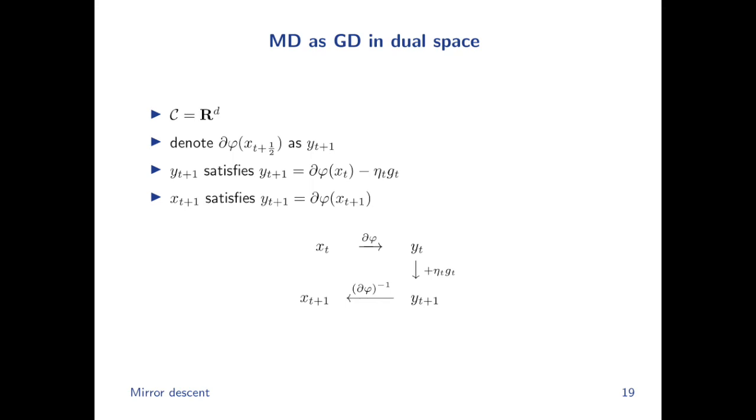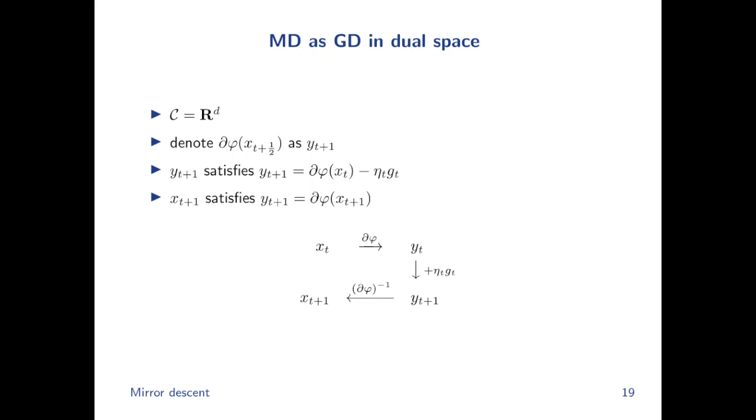The y sub t's are the mirrors, the corresponding entries in the dual space, and they're related by a gradient map, because once I take points in the primal space and evaluate the gradient, I get some point in the dual space. The gradient map maps points in the primal space to the dual space. This gradient map that relates these two sequences of points is precisely the gradient map of the base function you're using in the Bregman divergence, this phi.